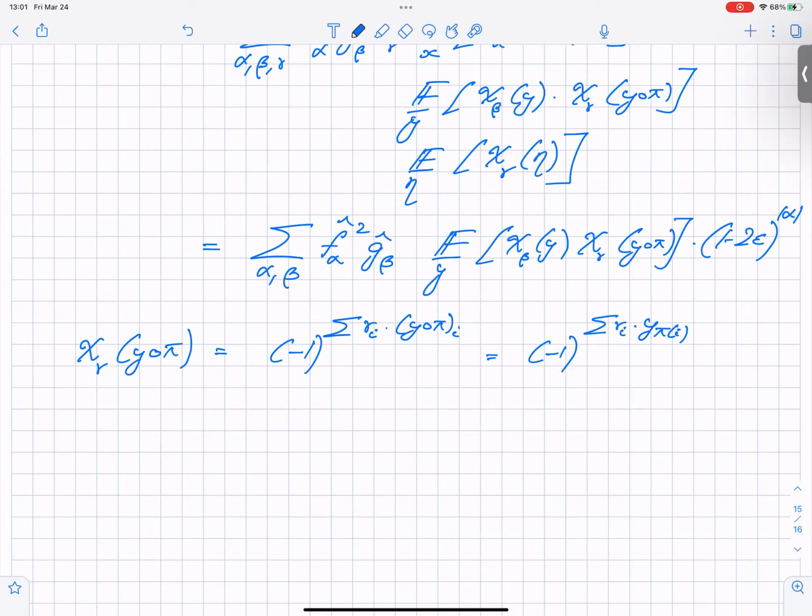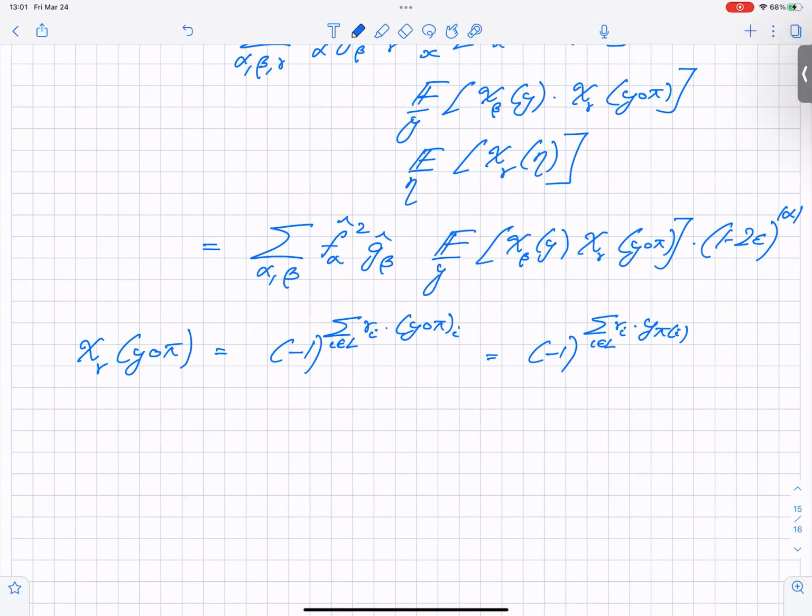Something I messed up. Oh no, this is a summation over I in L. Am I right about that? Yes, the summation over I in L.